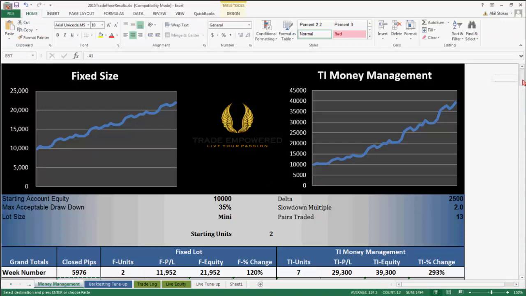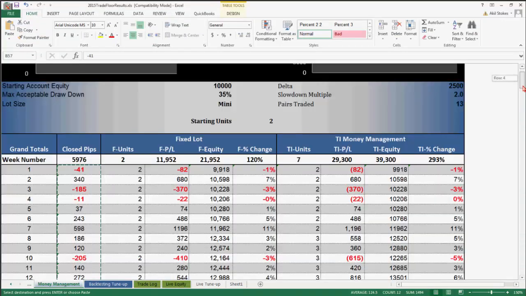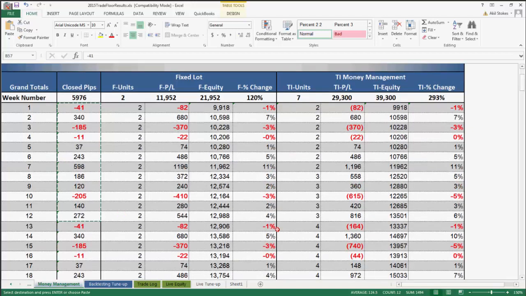Here's the benefit of a nice smooth equity curve. You can see, through 12 weeks this year, this is the actual stats. We haven't had a big drawdown at all. We only had one big month, and there's really nothing spectacular here. We've had an 11% month, and if you've been trading, that's not a big deal. It's nice, don't get me wrong, but it's not one of those things where you go out and buy out the bar.